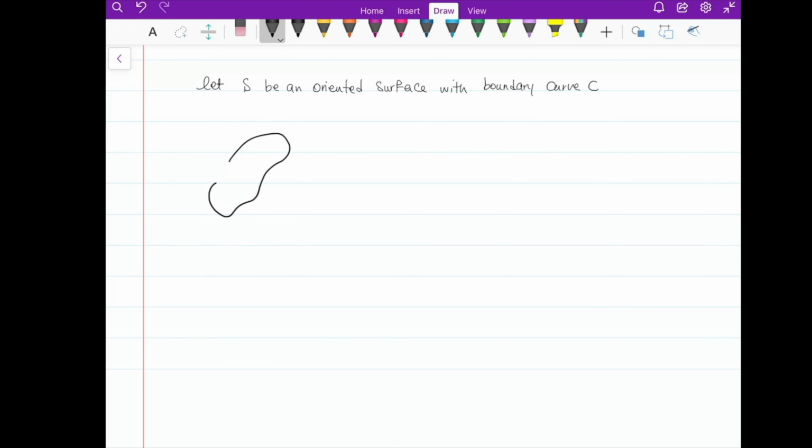We have a boundary curve C, and we have a surface S.